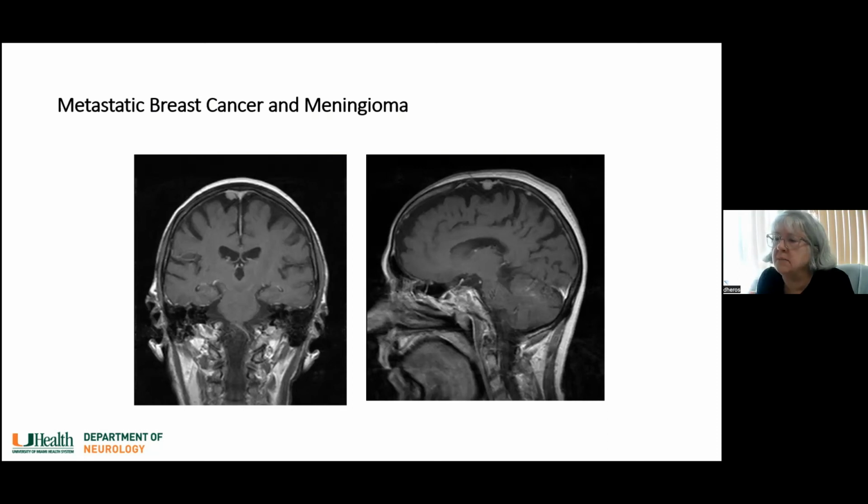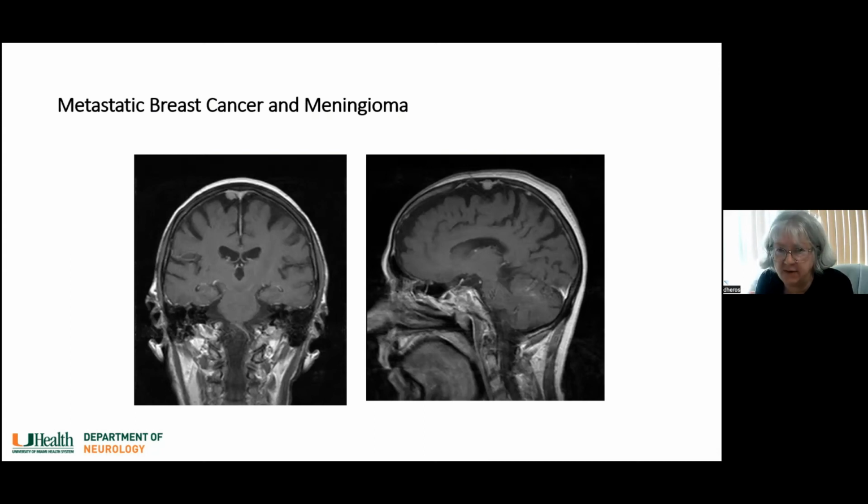And in many of them, of course, we can observe them, but it's also important to take a history and caution them that they should not take estrogen and progesterone hormone replacement therapy because of the potential for exacerbating the meningioma growth.